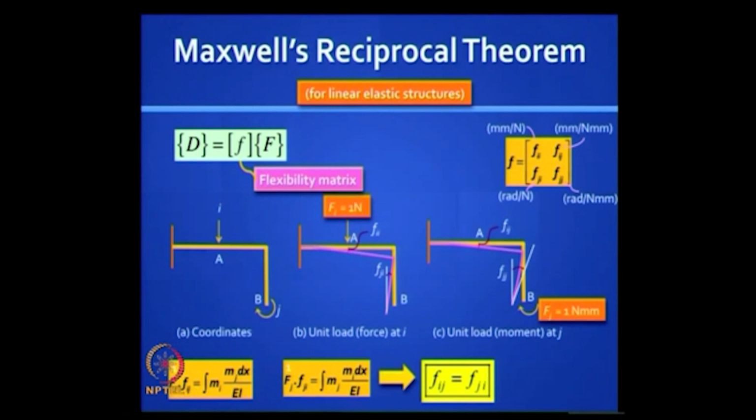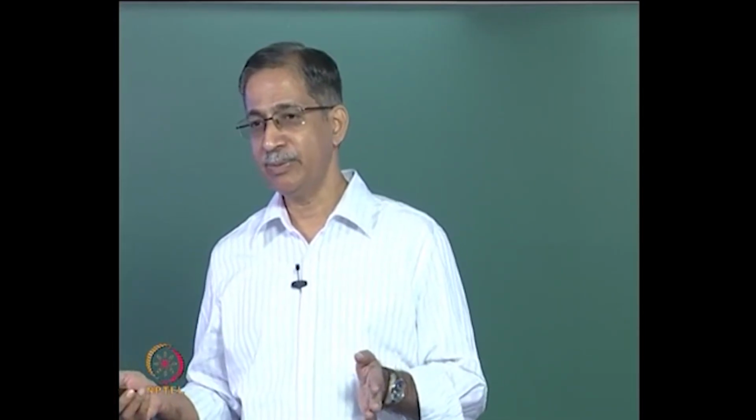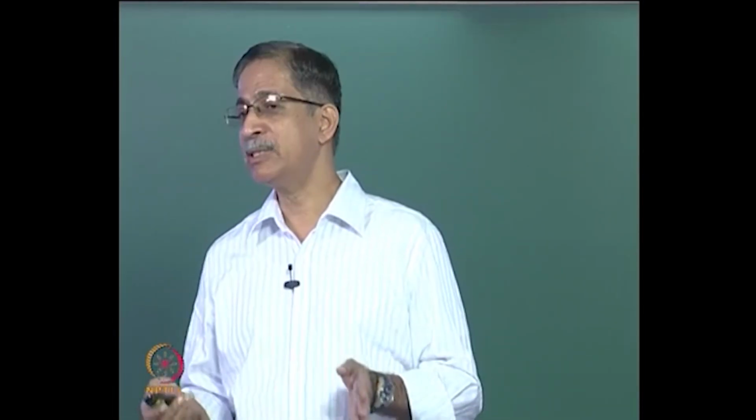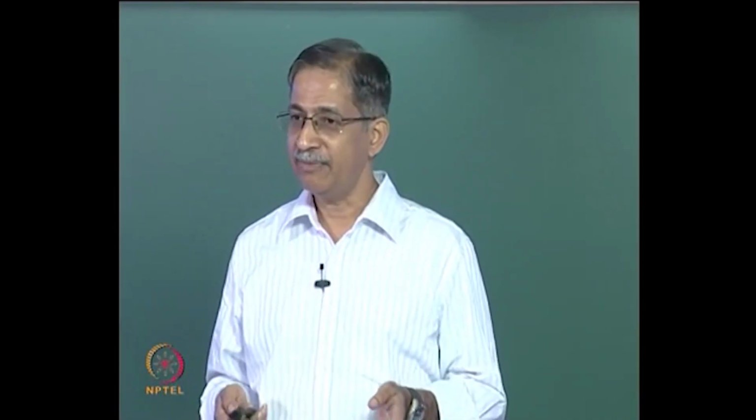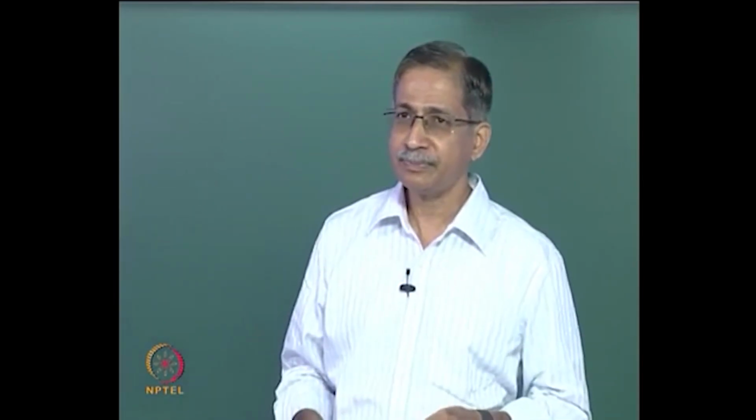Now I can choose more than 2 coordinates, I can choose 3 coordinates, and then the size of the flexibility matrix would be 3 by 3, but it will still be symmetric in the sense F13 would be equal to F31, F23 would be equal to F32, and so on.